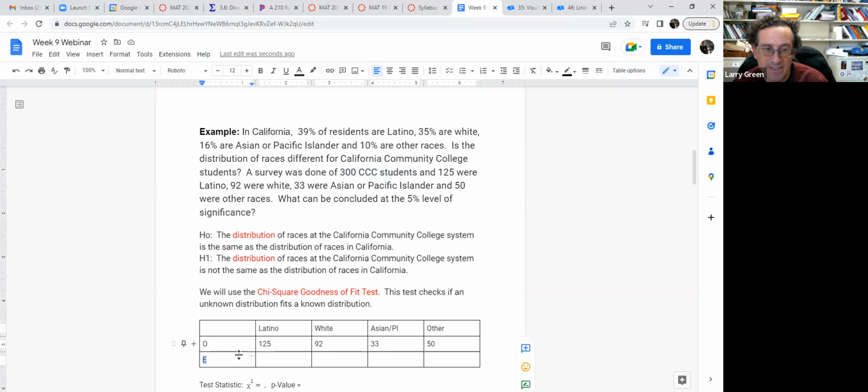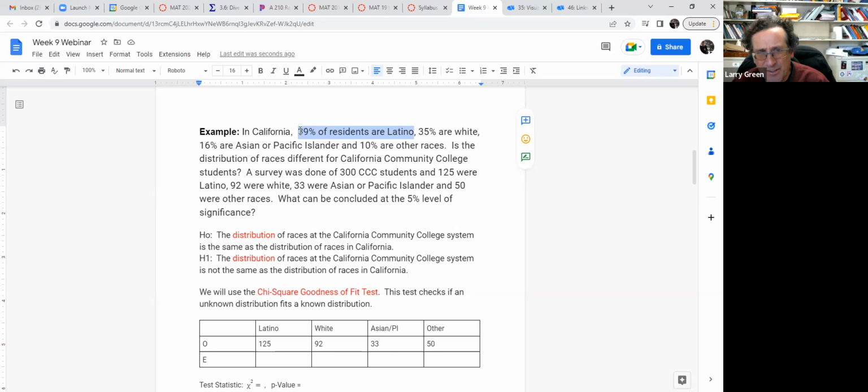E stands for expect or expected. How many would you expect to be Latino? The idea is that 39% of all California residents are Latino. So if you surveyed 300 people in California, you would expect 39% of them to be Latino. Does that make total sense?